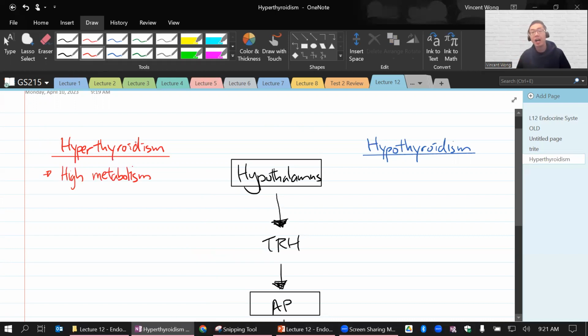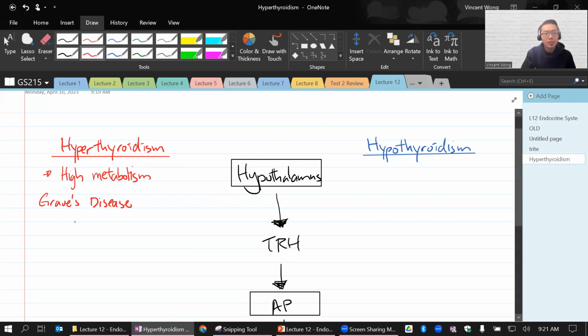They have higher body temperature, tachycardia, the heart rate goes up, right? And there are different causes of hyperthyroidism. One possible cause of hyperthyroidism is what's called Graves' disease. Okay, so this is just an example. There are other causes, right?